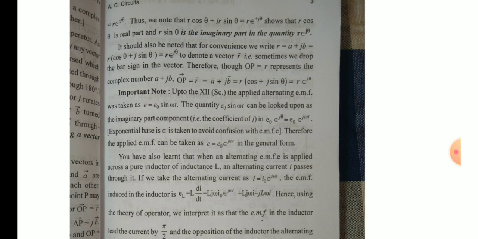We also learned that when an alternating EMF is applied across a pure inductor of inductance L, an alternating current I passes through it. If we take the alternating current as I = I0 e^(j omega t), the EMF induced in it is EL = L di/dt = j omega L I0 e^(j omega t).